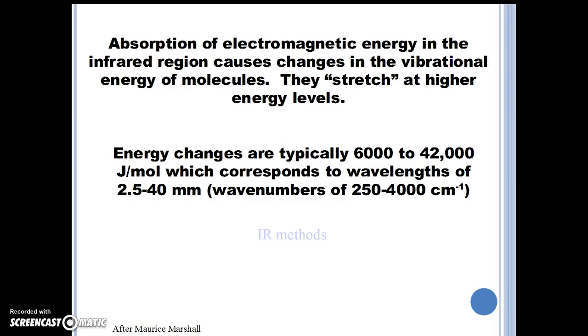They're going to stretch at higher energy levels, typically 6,000 to 42,000 joules per mole, corresponding to wavelengths of 2.5 to 40 micrometers. Now we are in the longer wavelengths, and therefore wave numbers of 250 to 4,000 reciprocal centimeters.